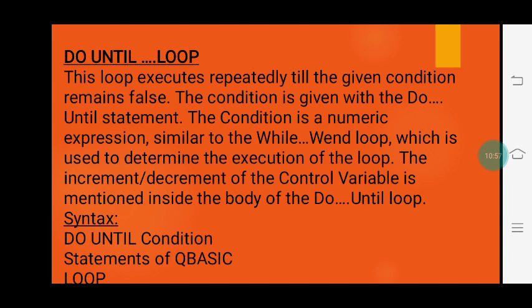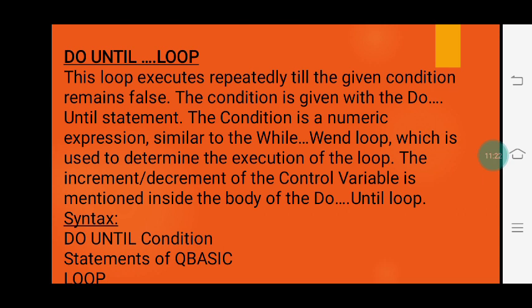Okay. Now next one is the do until loop. So this loop executes repeatedly till the given condition remains false. The condition given with the do until statement is a numeric expression, similar to the while wend loop, which is used to determine the execution of the loop.